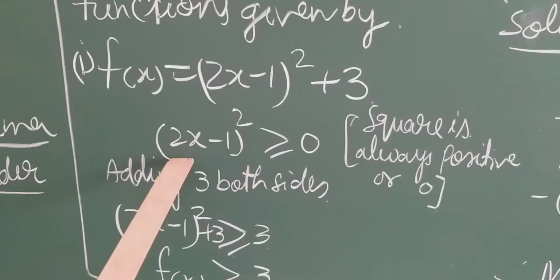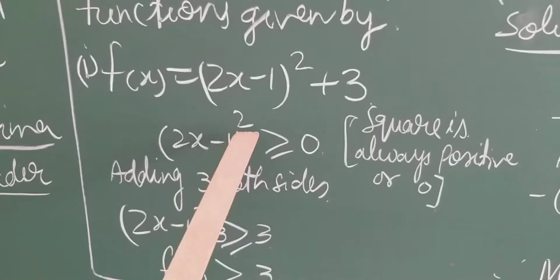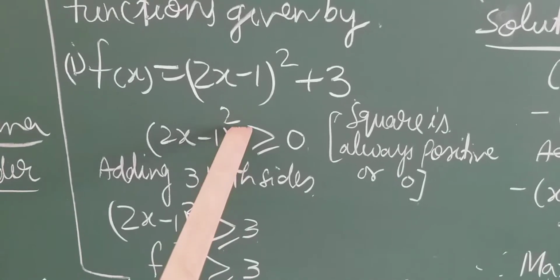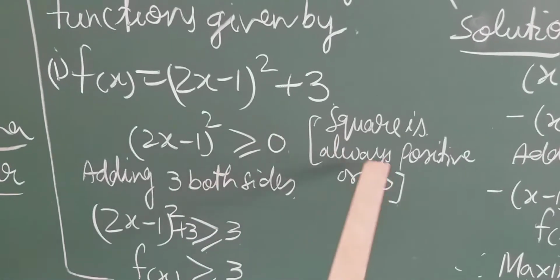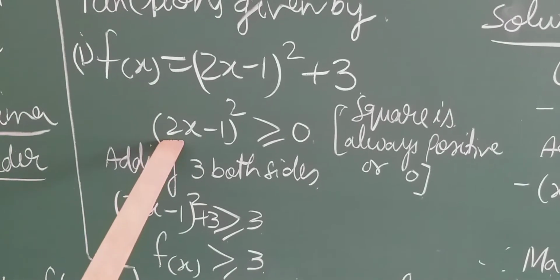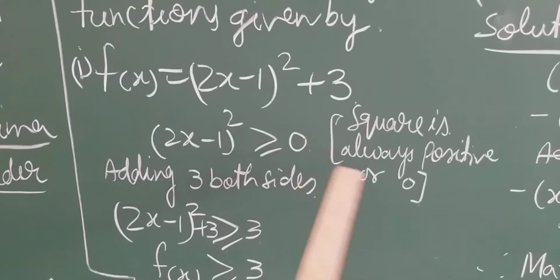So students, you can see (2x minus 1) whole square is greater than 0. Why? Because it is a perfect square, and we know that a perfect square is always positive or 0. That's why we can say (2x minus 1) whole square is greater than or equal to 0.